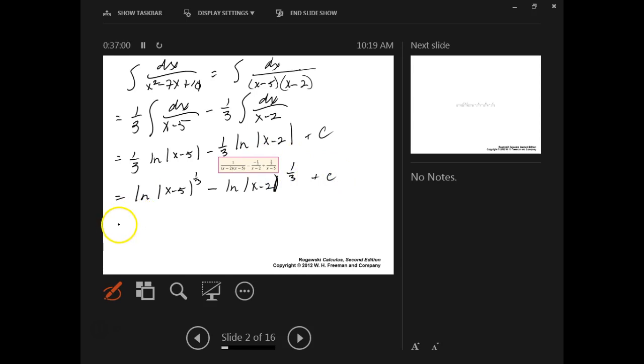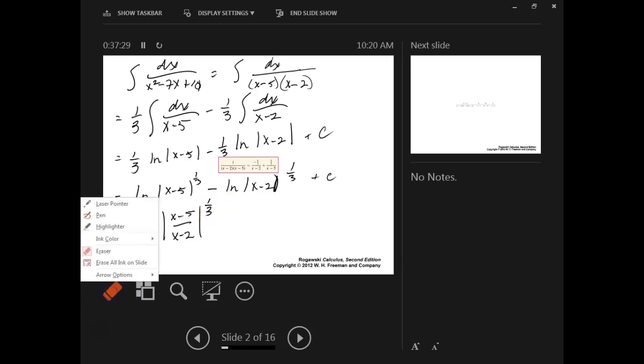But then you could say the difference of two logs is the log of the quotient, right? There's another property of logarithm. Remember that one? Okay, so that would be the log of absolute value x minus 5 over x minus 2, and since they have the same base, to the 1/3 power, okay?